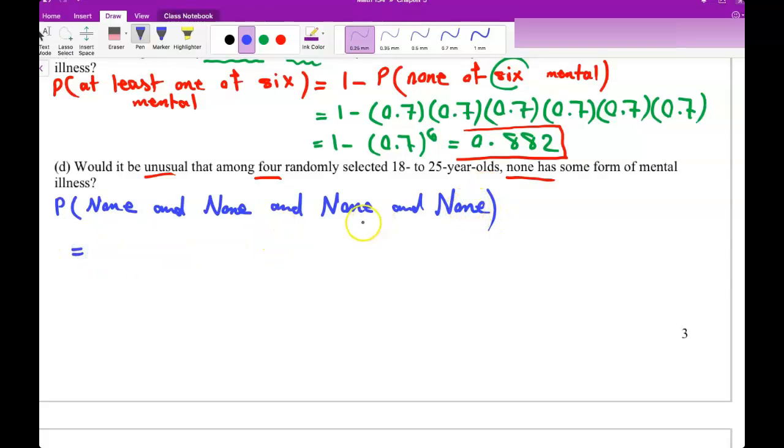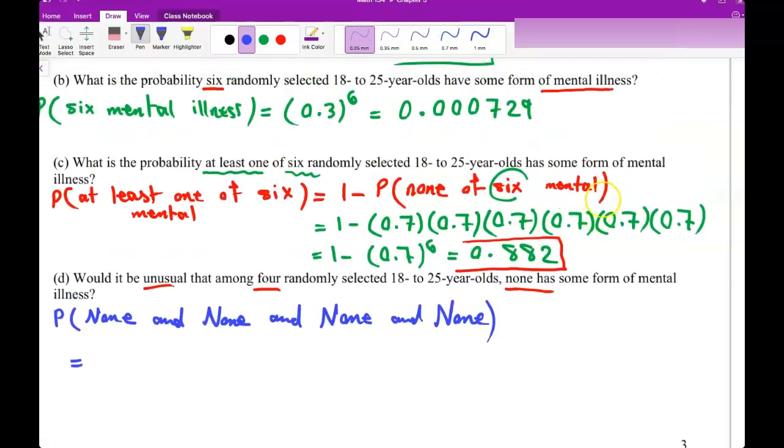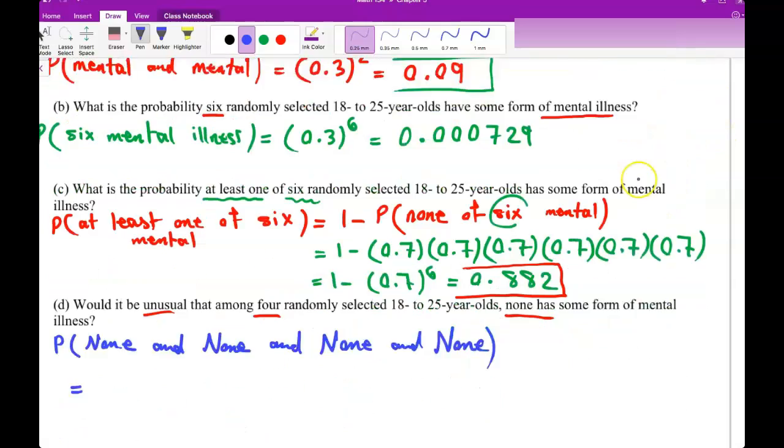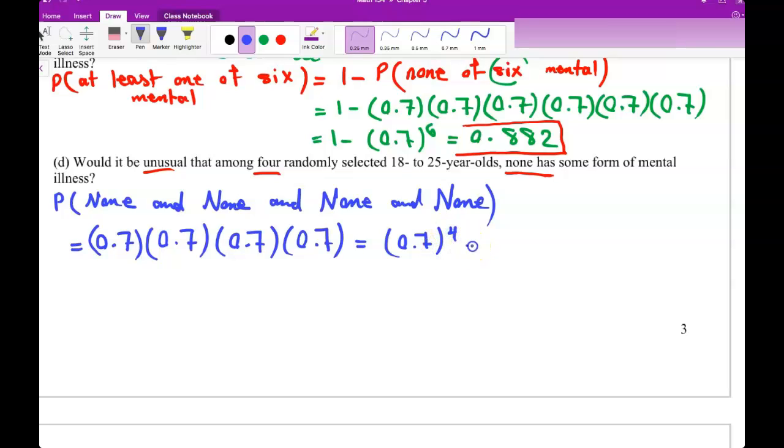That is equal to, none has some form of mental illness. So no illness, we had 70%, 0.7. So this multiplied by itself 4 times. The answer is 0.2401.